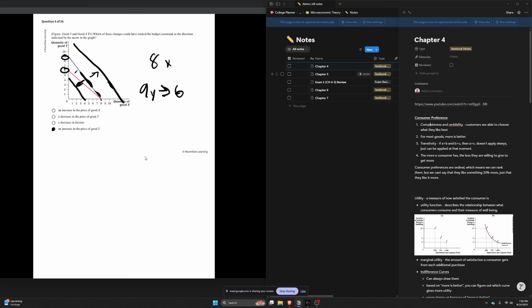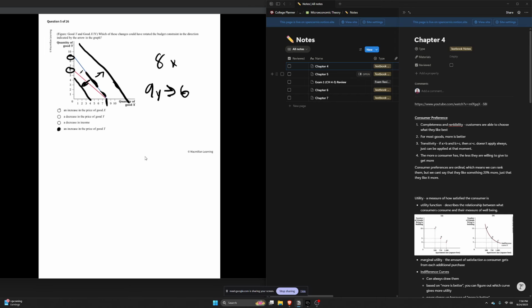But we know that the price of one of the goods changed. So since we can buy the same amount either way for X, we know that X didn't change. We know that Y changed. So we know that's wrong. We know it's not income, so it's down to these two. If the price of good Y decreases, that means I'm going to be able to buy more of it, but that's not the case here.